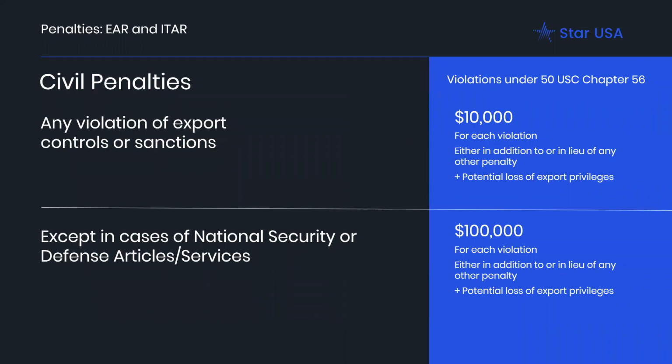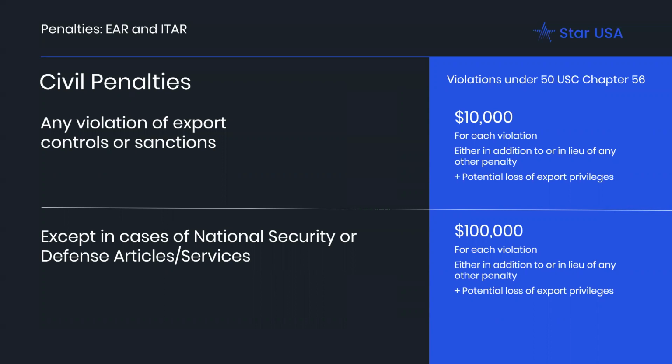Somebody did ask for a reference to the violations and penalties that exist within this universe, and we're mostly focusing on EAR, ITAR, and OFAC penalties. We have civil penalties for EAR and ITAR on this slide here, which includes any violation of export controls or sanctions, $10,000. This is all documented under 50 U.S.C. Chapter 56.